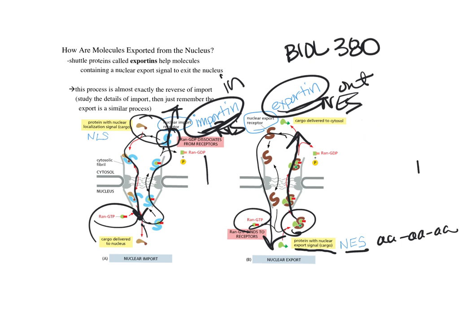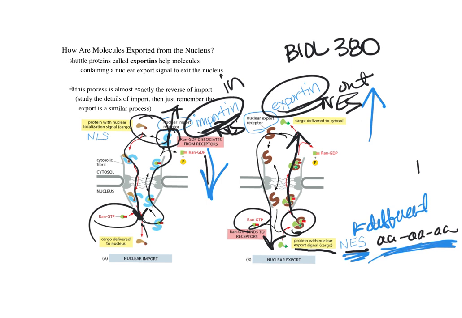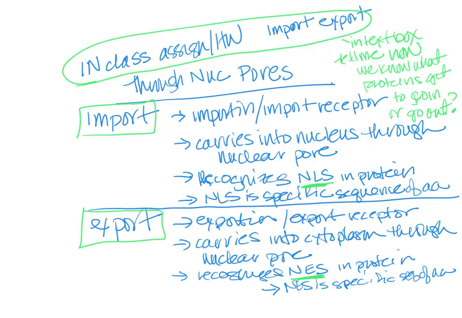This one goes in, and the NLS and the NES are each a sequence of amino acids. So this one obviously has to be different than the NLS, because it's a different protein that binds, but that's what targets them. An NES to get out, an NLS to get in, importin, exportin.